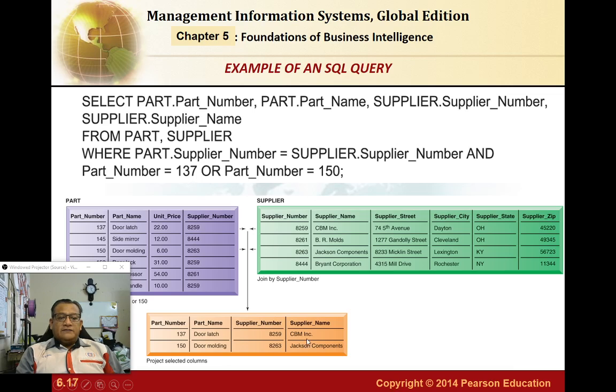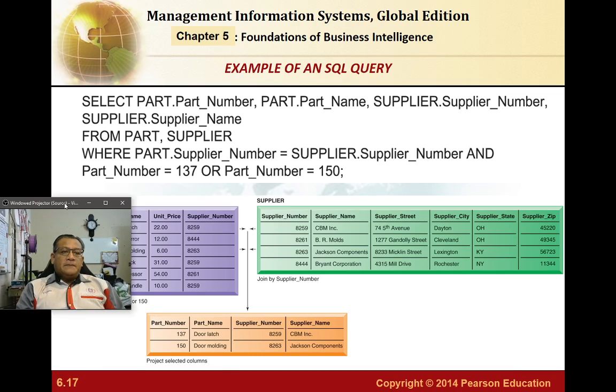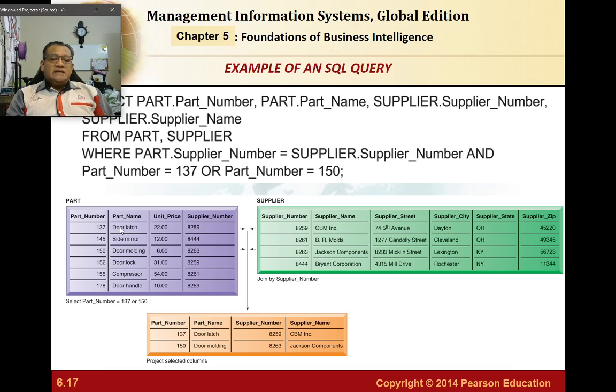Say you are an employee, you want to see these two part numbers, which are 137 and 150. What you need to do is take the information from here and here, select, and then join it with the other information from supplier number and supplier name, which you can get from here and here.